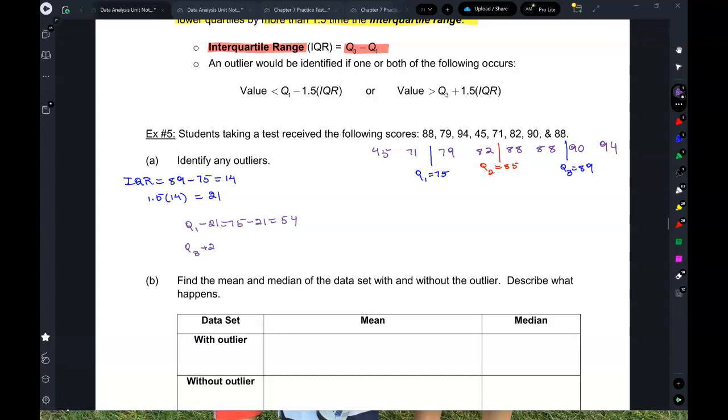Q3 plus 21 is 89 plus 21, which is 110. Those are the limits for the outliers. Do I have a number that's less than 54? I do, 45. So 45 is an outlier. Do I have a number that's greater than 110? No. So 45 is the outlier.